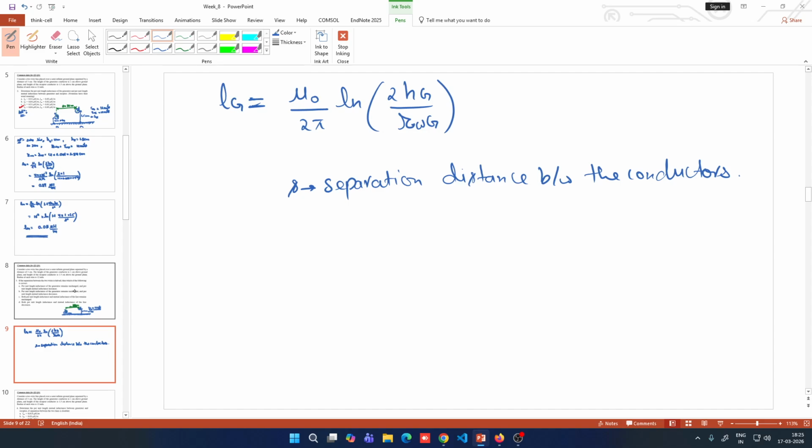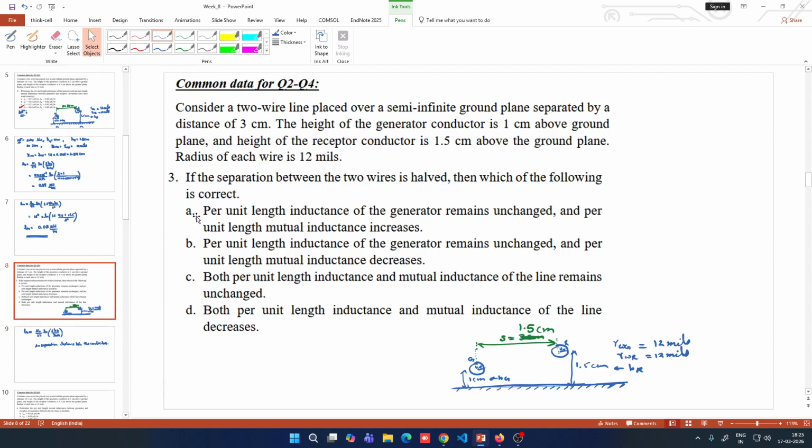So the first thing is clear that one of option A and B should be correct, because it says that it remains unchanged. Yes, option B also says that. Now we have to see what happens to the mutual inductance.